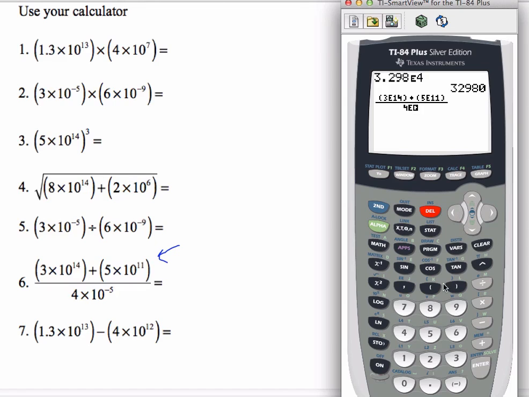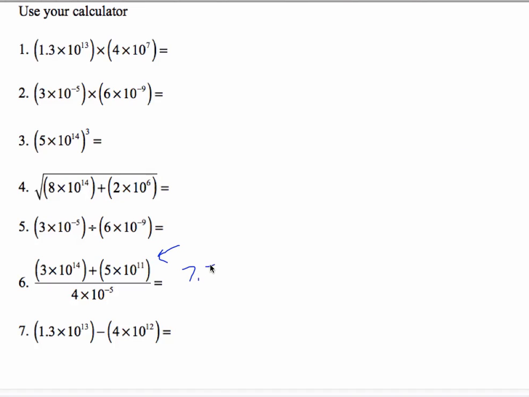That is not correct. 4e -5. Okay, and you get this number. You get 7. Now we can write that down as, I'll use 3 significant figures, 7.51 times 10 to the power of 18. 7.51 times 10 to the power of 18.